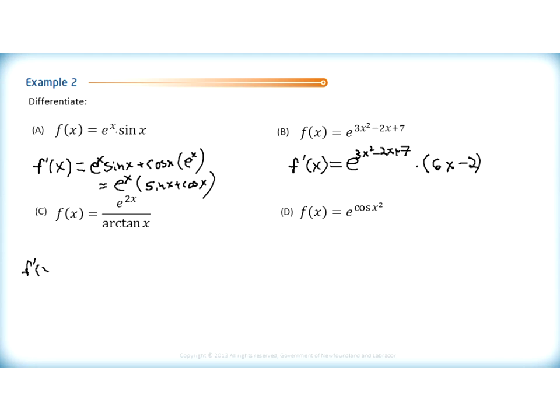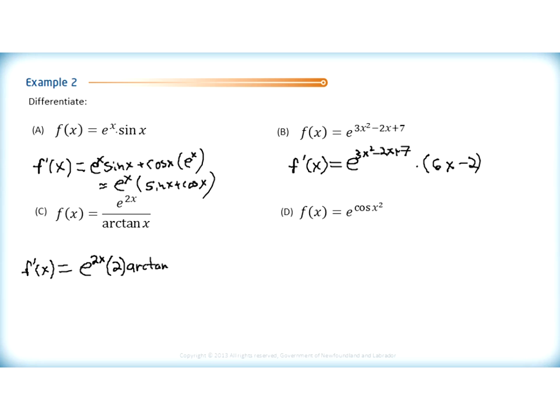So f prime of x. I always like derivatives with arctan because it's a cool looking derivative. Okay, so the derivative of the numerator here, e to the power of 2x, is going to be e to the power of 2x multiplied by the derivative of the inside function, which is 2x, so its derivative is just 2, multiplied by the denominator, which again is arctan x.